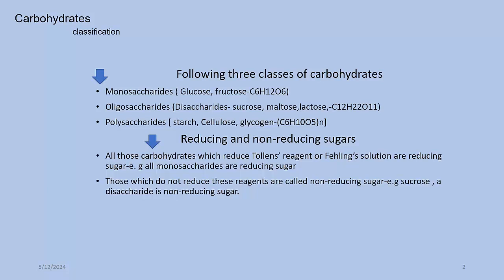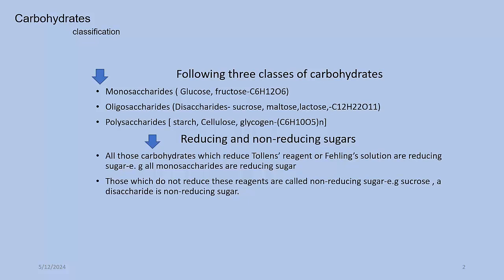Second type of classification: reducing and non-reducing. Those carbohydrates which reduce Tollens reagent or Fehling solution, both of them mild oxidizing agents, are reducing sugars. That means the carbohydrate which on adding Tollens reagent gets oxidized is a reducing sugar.